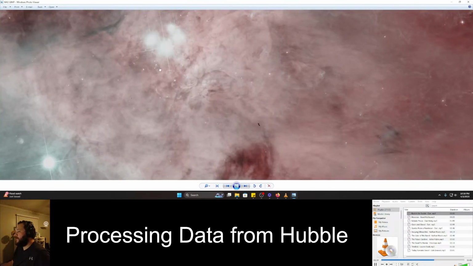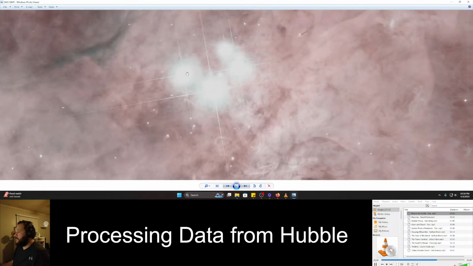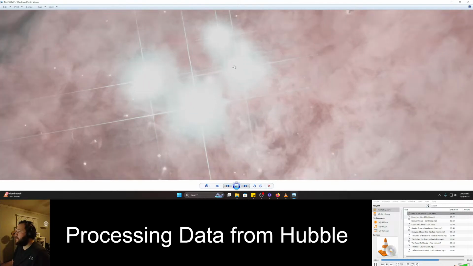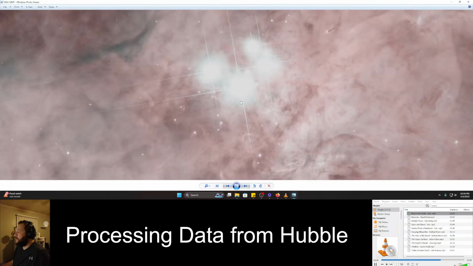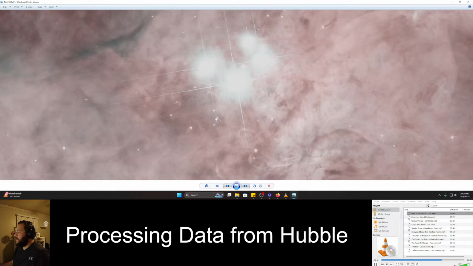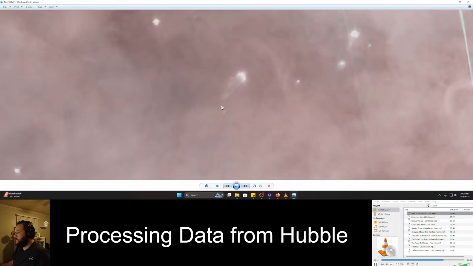so right here, as I said before, is the trapezium cluster, which is 5 massive stars. Looks like there's another one right here, actually. And all of these right here, especially this, that is a baby star.